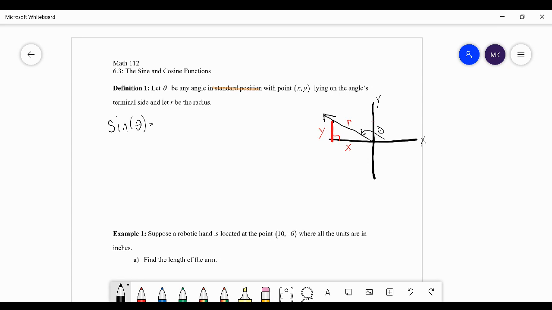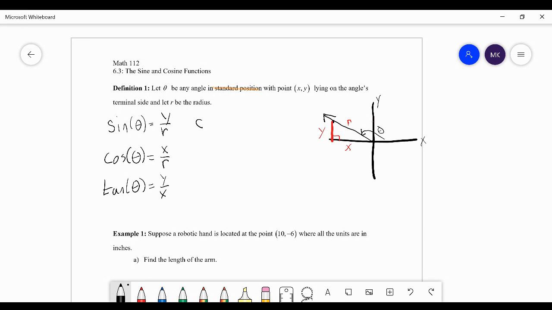Sine is y over r. Cosine of theta is x over r. And tangent of theta is y over x.